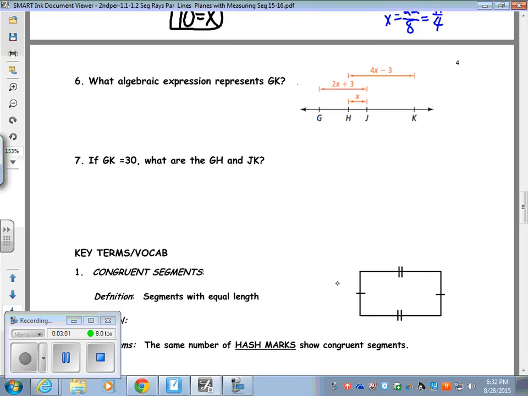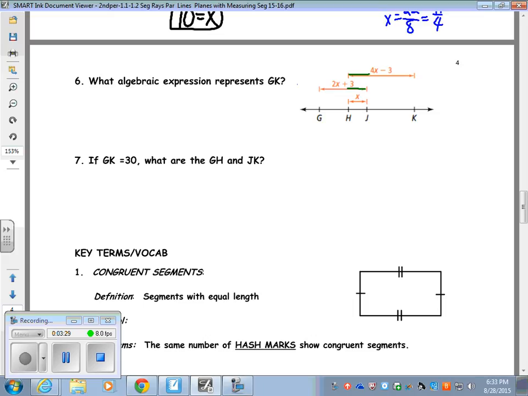All right, then I asked about an algebraic expression to represent GK, and I was hoping that you would see that this segment is overlapping, and it's not congruent. I probably shouldn't take marks because we're going to get into that, but it's overlapping. GJ and HK. Because it is overlapping, to come up with the expression, I'm going to add all the parts.